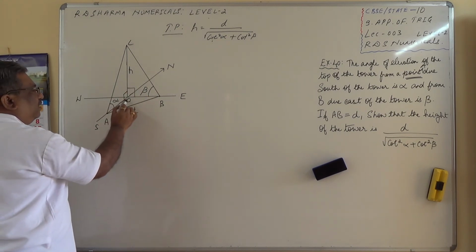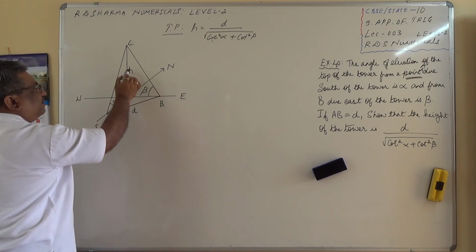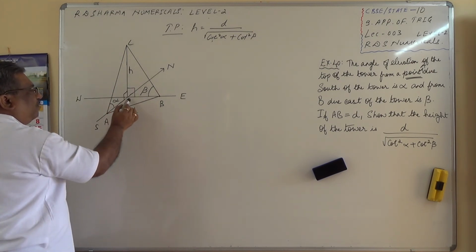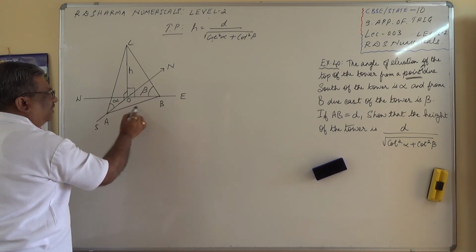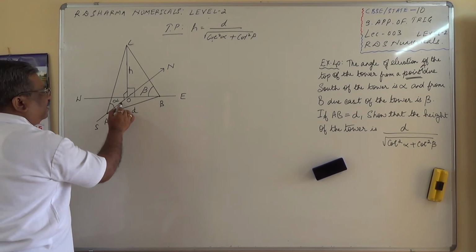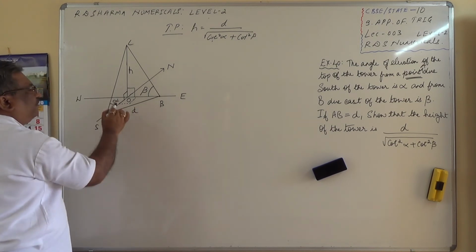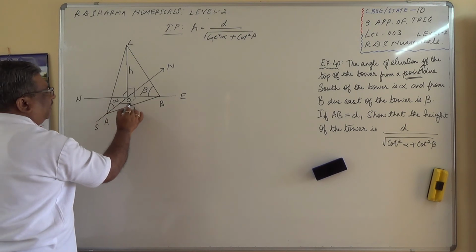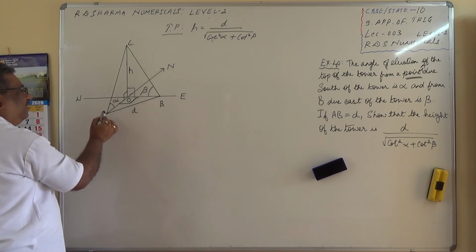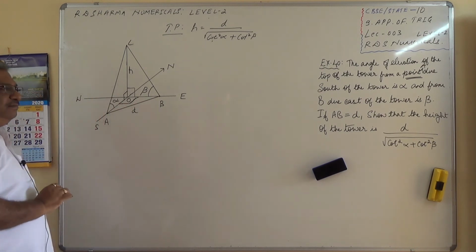In that case, OA I know in terms of h and alpha, OB I know in terms of h and beta. Therefore, OA square plus OB square is equal to D square. Why OA square plus OB square is equal to D square? See here, this is a right angle. Triangle AOB is a right triangle.